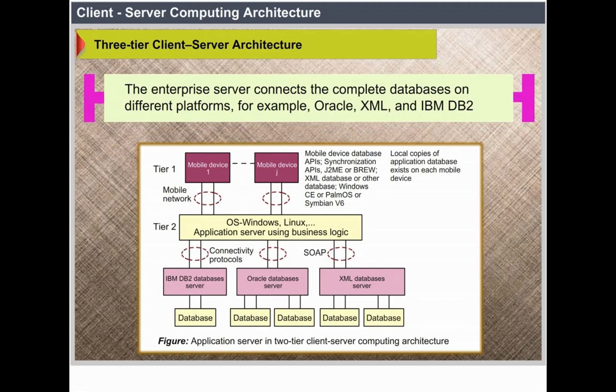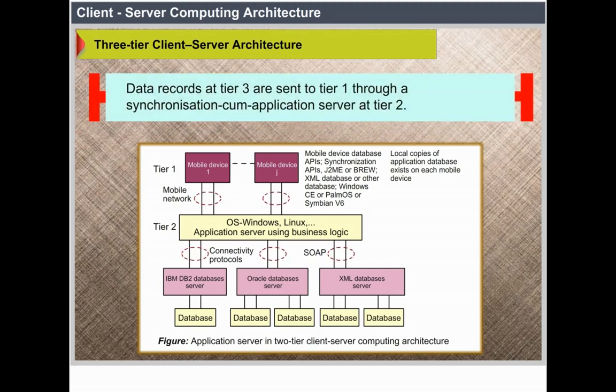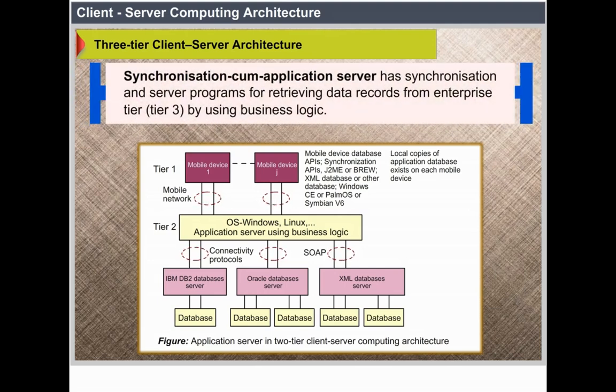The enterprise server connects the complete database on different platforms, for example, Oracle, XML, and IBM DB2. Data records at Tier 3 are sent to Tier 1 through a synchronization application server at Tier 2. The synchronization application server has synchronization and server programs for retrieving data records from enterprise Tier 3 using business logic.